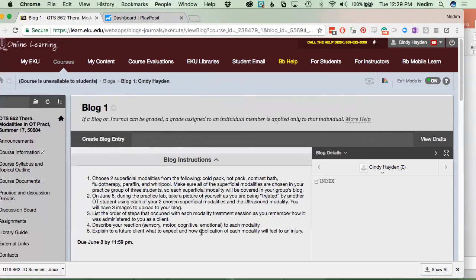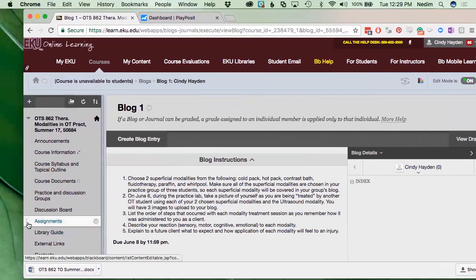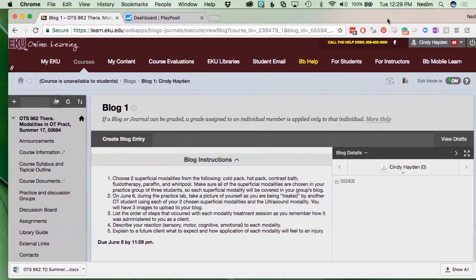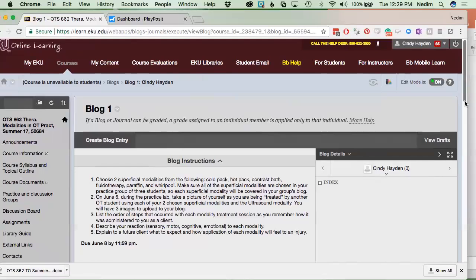You don't need specialty certification for that, but we teach them those things. Then, describe your reaction if you were the client. What I was really trying to get at is the last one, number 5, how to explain to a future client what to expect when they're administering a hot pack or a cold pack or paraffin. I wanted them to know what it's going to feel like before they actually apply it to the client. So I thought that was a good experience to put into a blog, and they would have 2 opportunities during the course to do that.